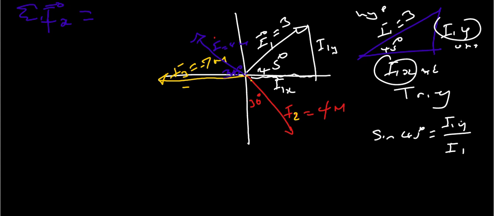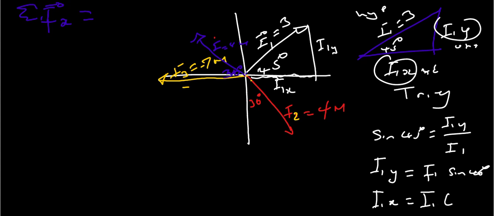So the formula for F1y is going to be F1. Remember, we cross multiply: F1y equals F1 sine of 45 degrees. And if we want to find the component F1x, we say F1x equals F1 cos of 45 degrees.